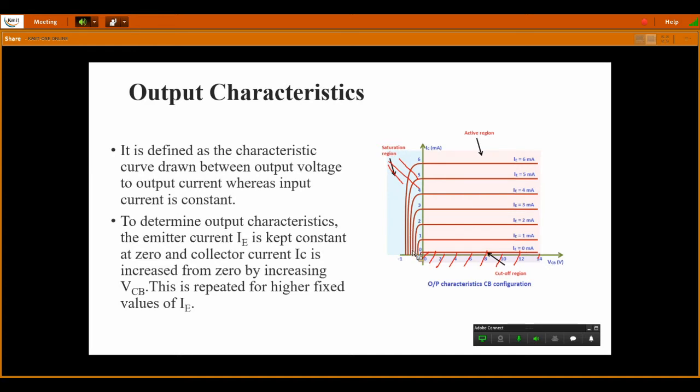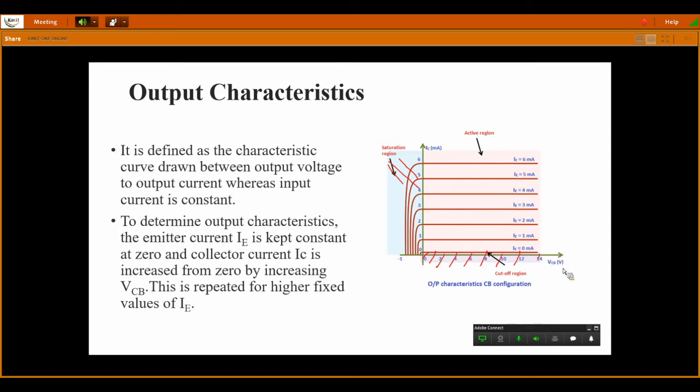So you have an abrupt, sudden change in your collector current. With a smaller variation in the collector to base voltage, the output junction is forward biased, hence the current increases rapidly. If IE is 3, then IC is also 3. IE 4, then we have 4. IE 5, then we have 5.